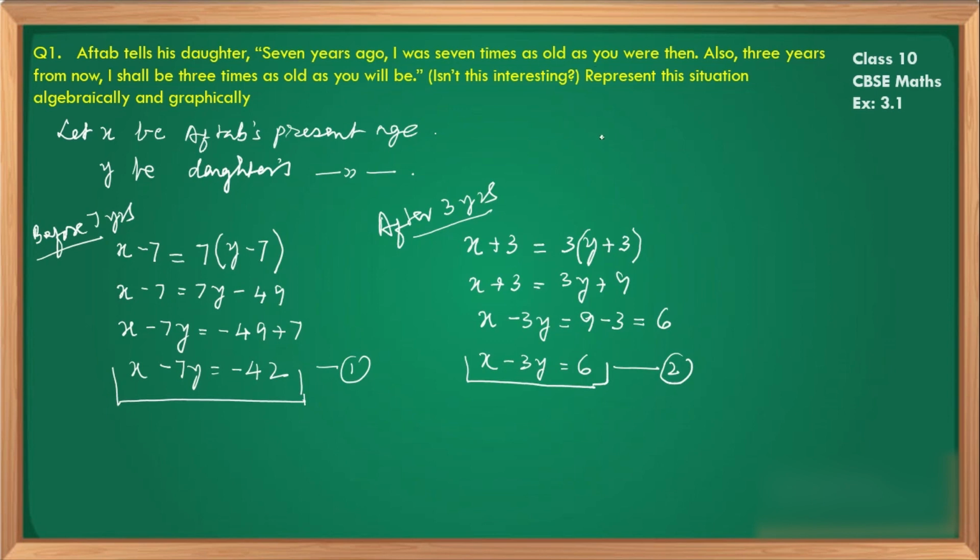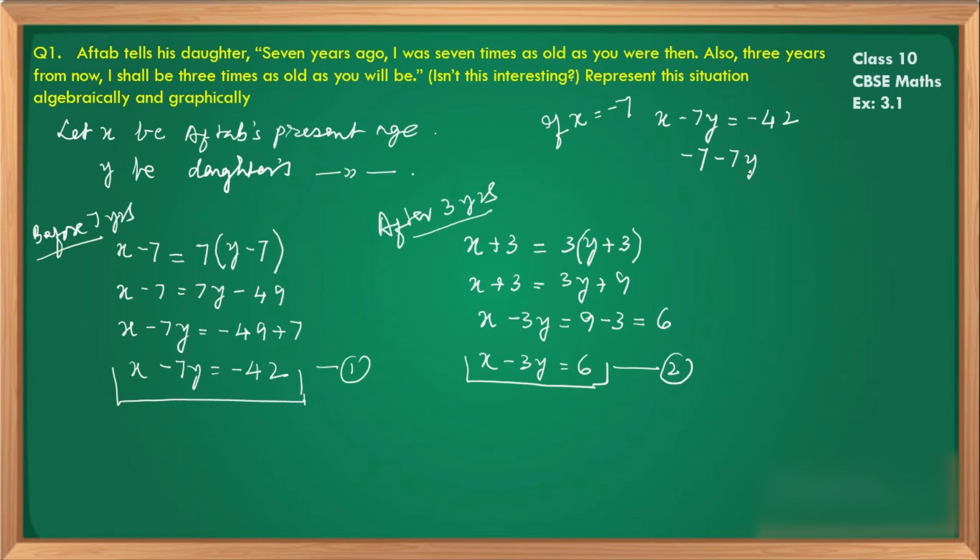That is, what we do now, we take one equation. Suppose we take x minus 7y equals minus 42. This was our first equation. In this, we assume some value of x, then derive the value of y later. Now, I take x equal to minus 7. This is an assumption. We put minus 7 in place of x.